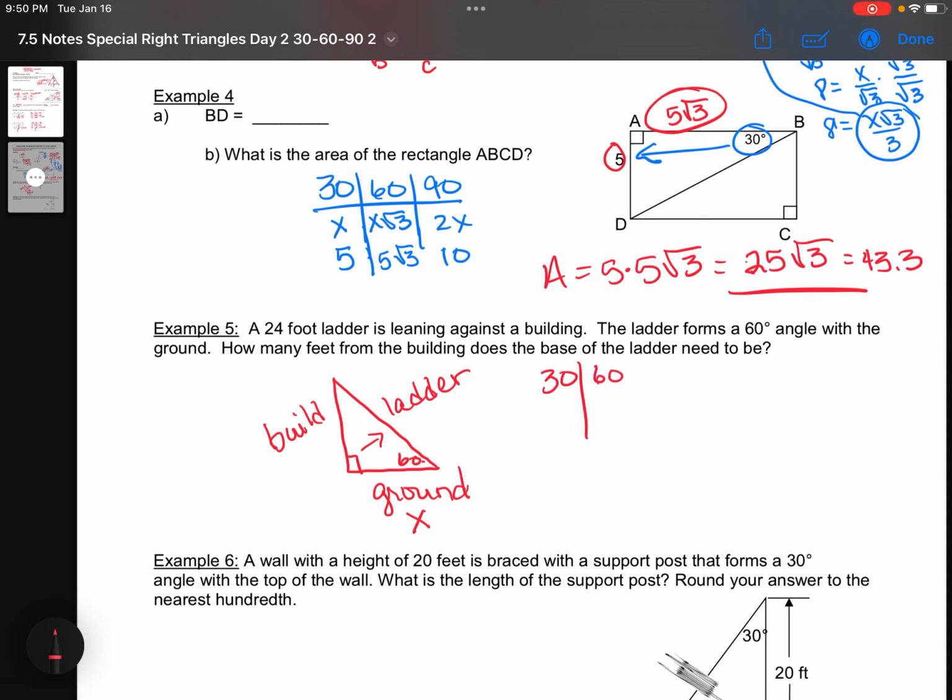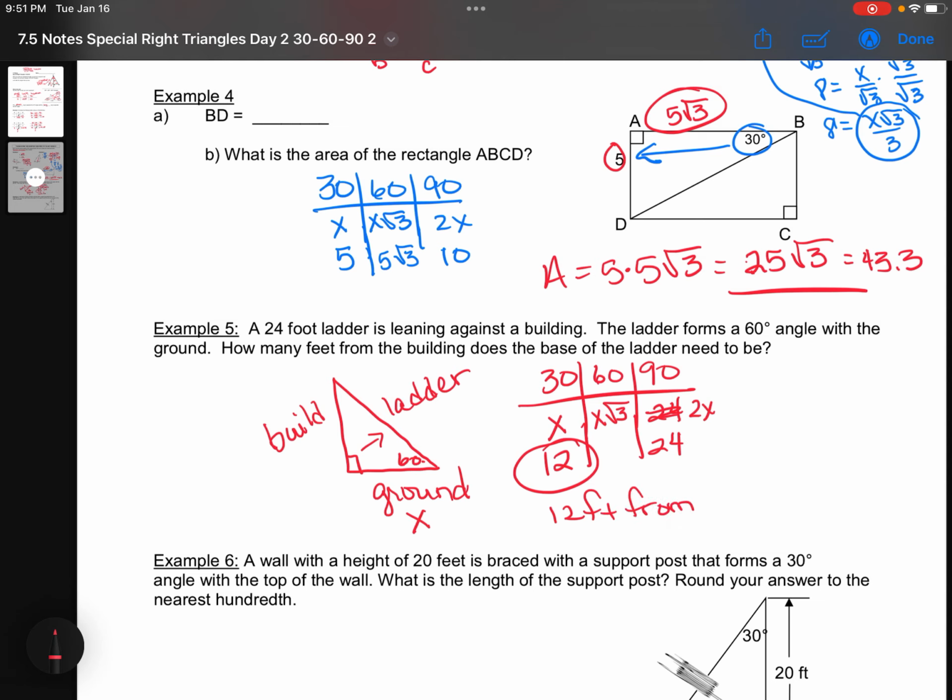Okay, start a little table. So we need x, but we know the ladder is 24, which technically I should have put down there because this is 2x. So if 2x equals 24, x equals 12, which is all we need. The ladder should be 12 feet from the building.